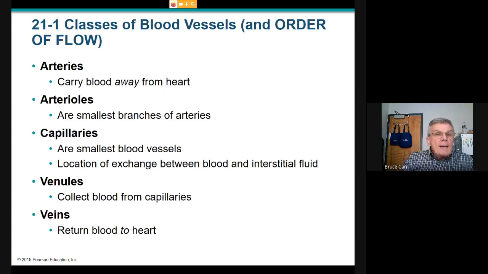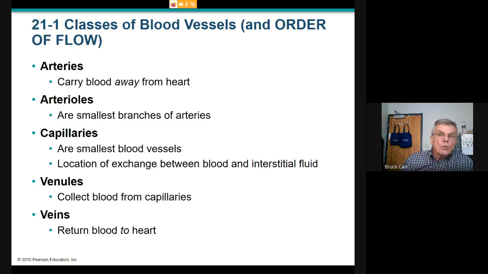But as you leave the capillaries, as that exchange stops, the smallest vessel that's sealed would be called a venule, and you have started the trip back to the heart. So the order of flow from the heart is always arteries, capillaries, and veins.